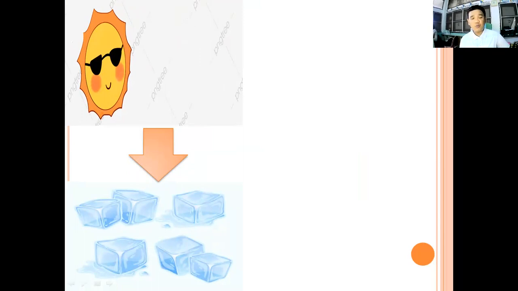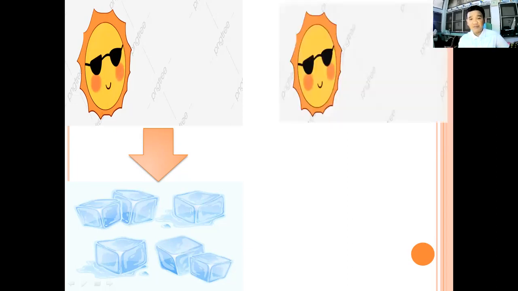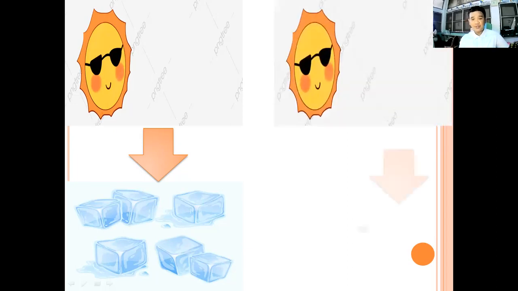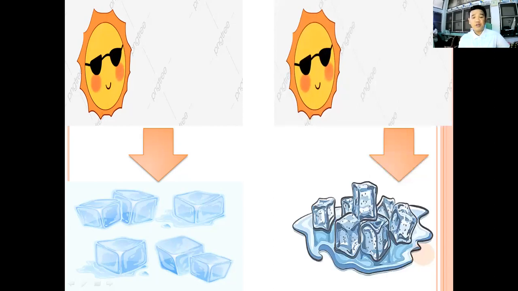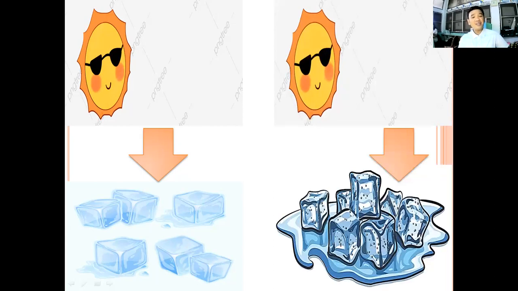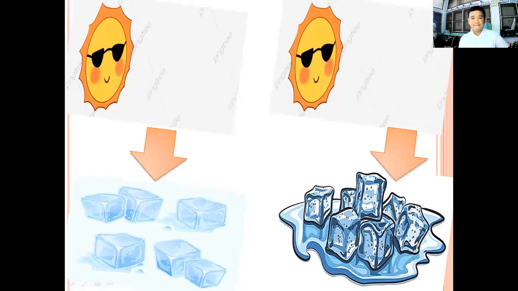What do you think will happen to the ice? Of course, the ice goes from solid to liquid because it is melting, and it will go back to normal as water. So that is a prediction. Okay?